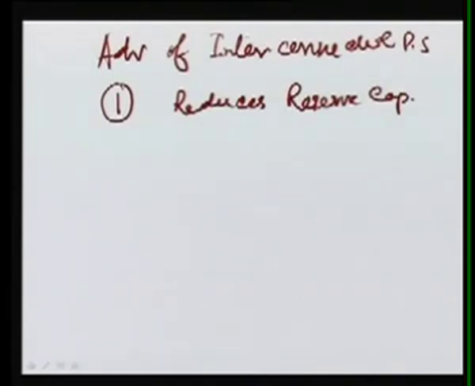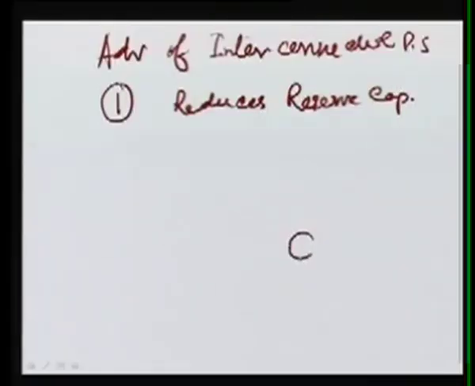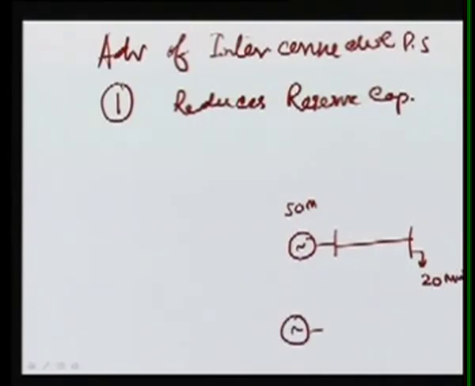Now, for example, let us take a generating station here. This is of 50 megawatt. To understand the reserve capacity, I am explaining here, and we have a load somewhere here. Let's suppose the load is 30 megawatt, and we have another station here that is supplying 50 megawatt, and here the generator capacity should be more than 50 megawatt.